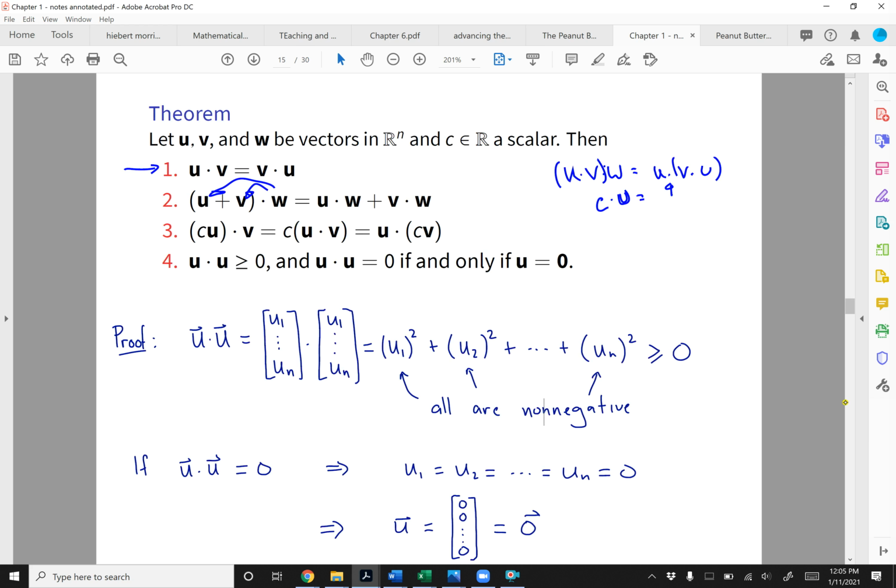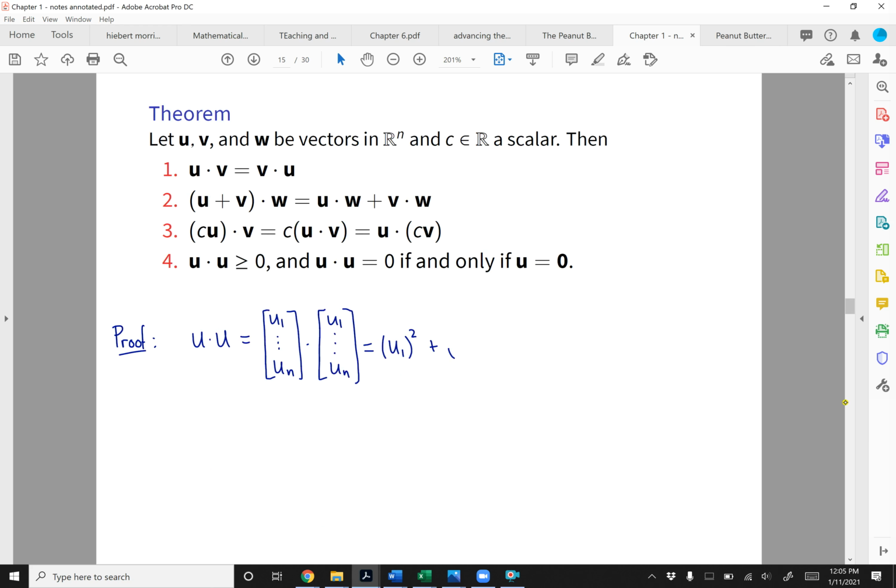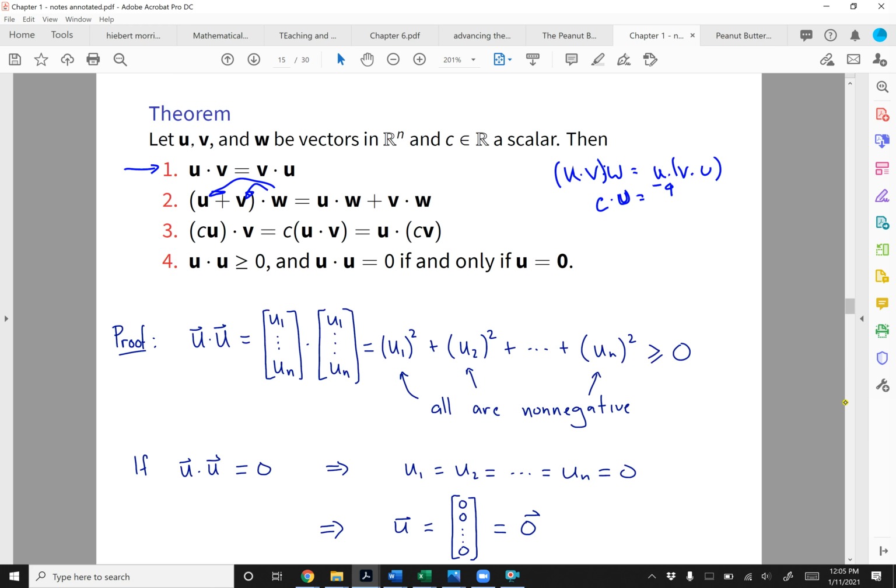You're not going to actually get the same thing in general, because here you're going to have a scaled version of w. Here you're going to have a scaled version of u, and if they're pointing in different directions, there's no way you can get the same thing. Well, unless your scale is 0. So this is one place where vectors start to break down from the arithmetic of real numbers.